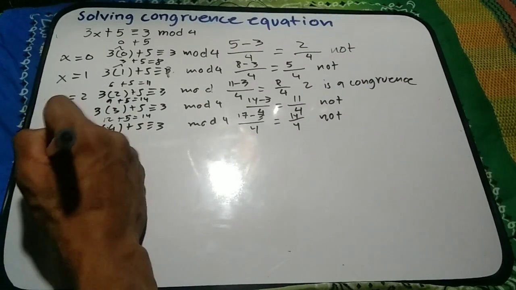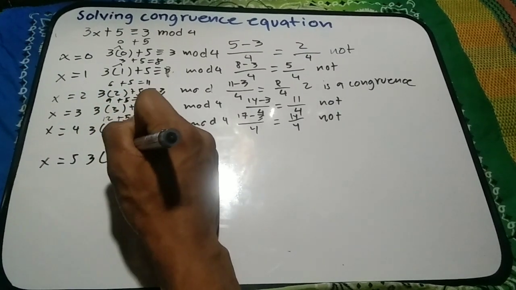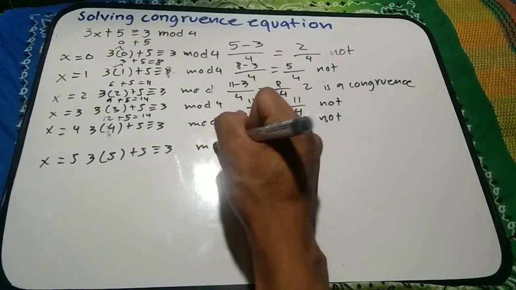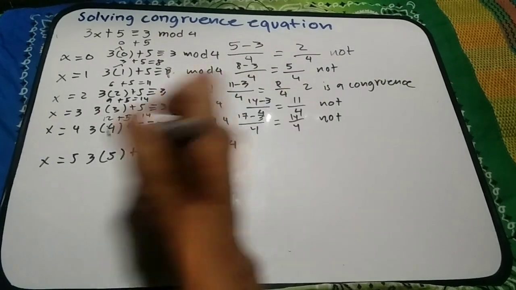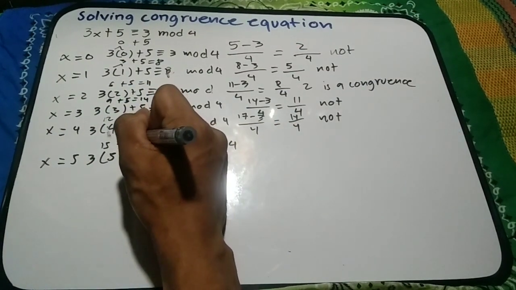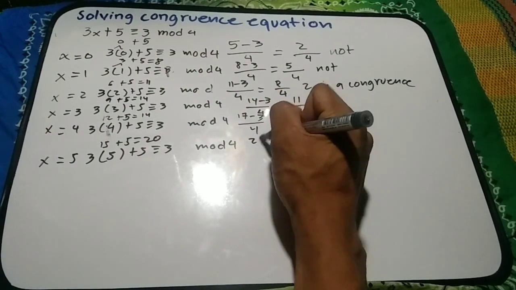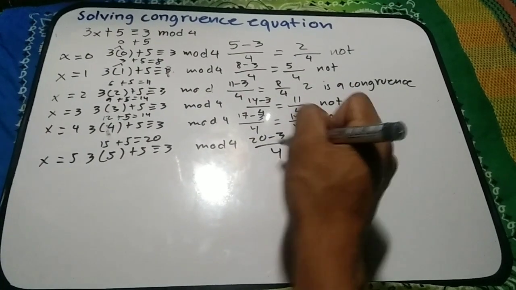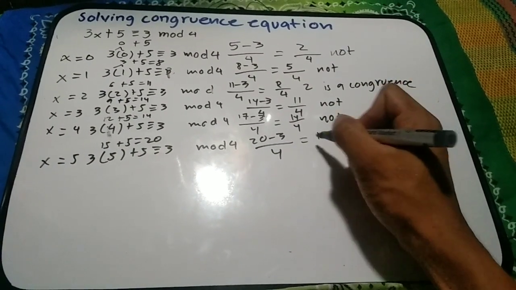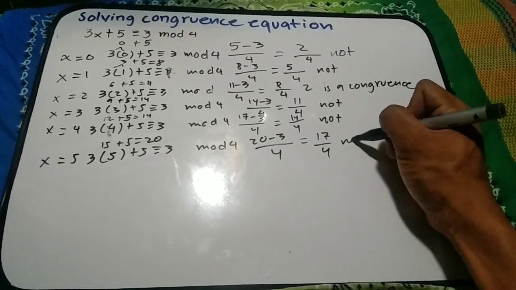If x is equal to 5, 3 times 5 plus 5 congruent to 3 mod 4. 3 times 5 is 15 plus 5, 20. 20 minus 3 over 4 equals 17 over 4. Also not a solution.